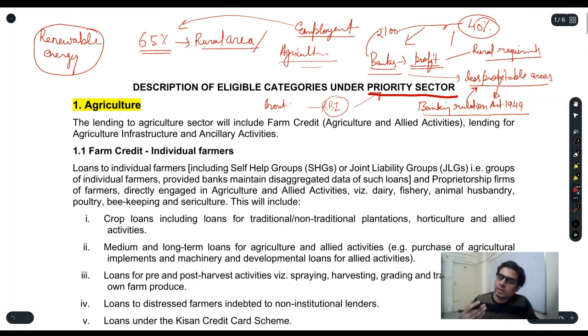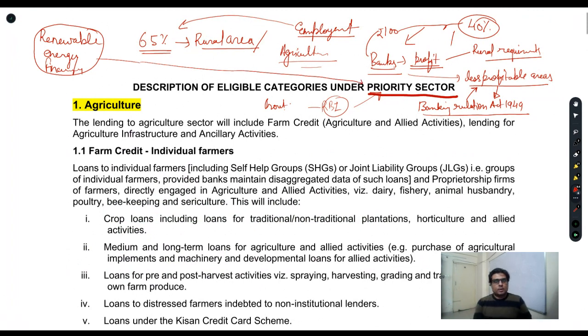But the government, RBI, and even at the international level, the renewable energy sector was considered important for sustainable development and to mitigate the impact of climate change. Renewable energy sources are very important, so renewable energy financing was also included under the priority sector.